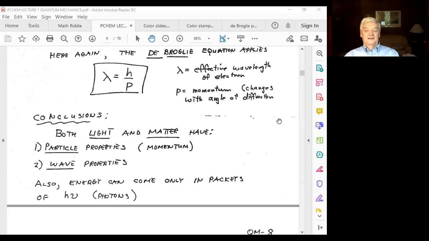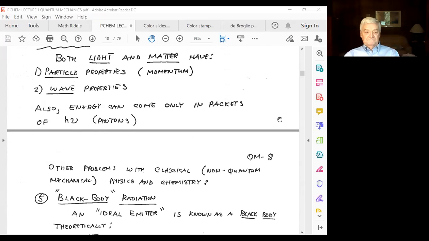Okay, so we're done with what I consider the four most important historical experiments to tell us quantum mechanics was needed and life was going to be different, and we needed non-Newtonian physics and chemistry to explain things.